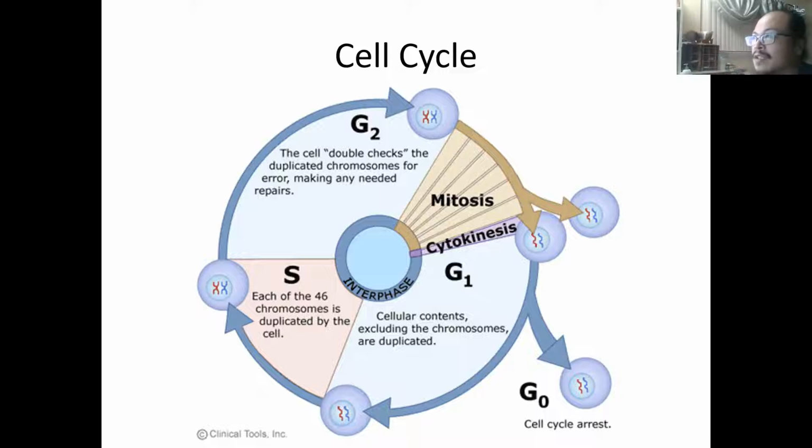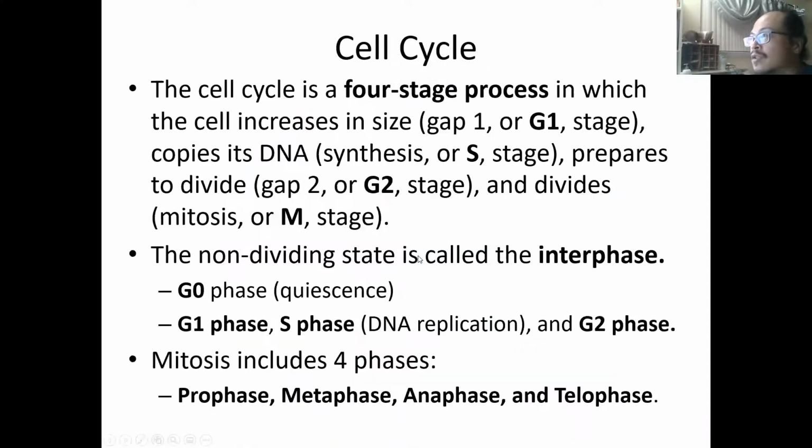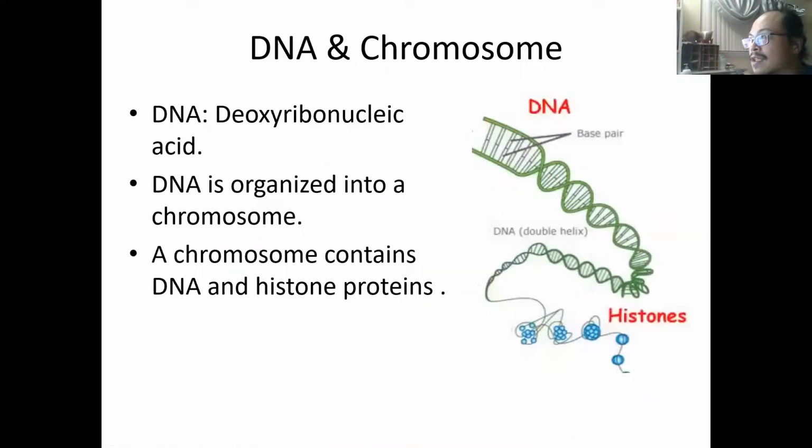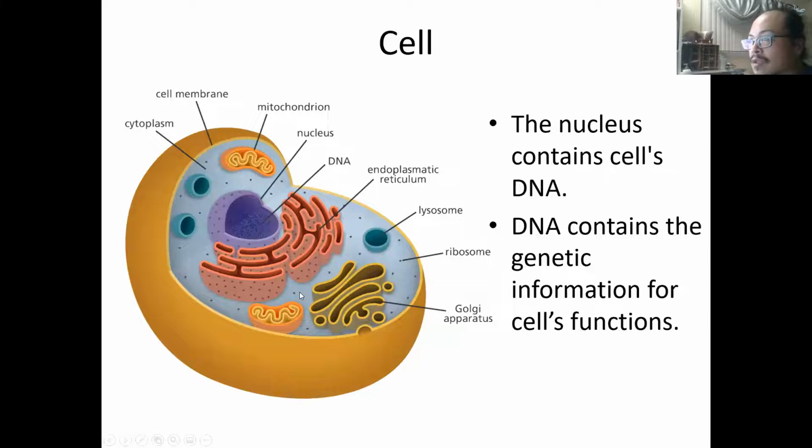Why bigger? Because you need to produce a lot of things. You need to produce proteins. You need to divide your endoplasmic reticulum. You need to divide your mitochondria. You need to have more and more of these organelles in a cell.